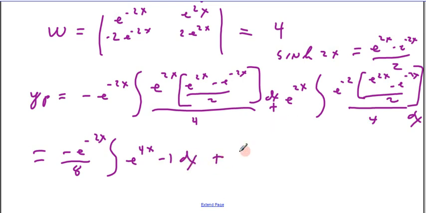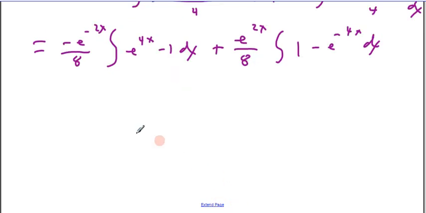Plus, I'm going to bring out the 2 and the 4, and I'm going to have an 8, and I'm going to have an integral 1 minus e to the minus 4x dx. Okay? So far so good.